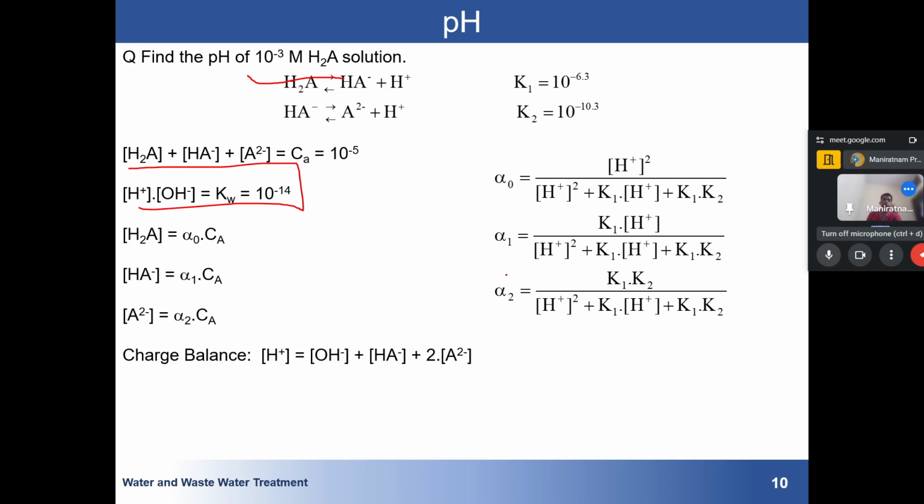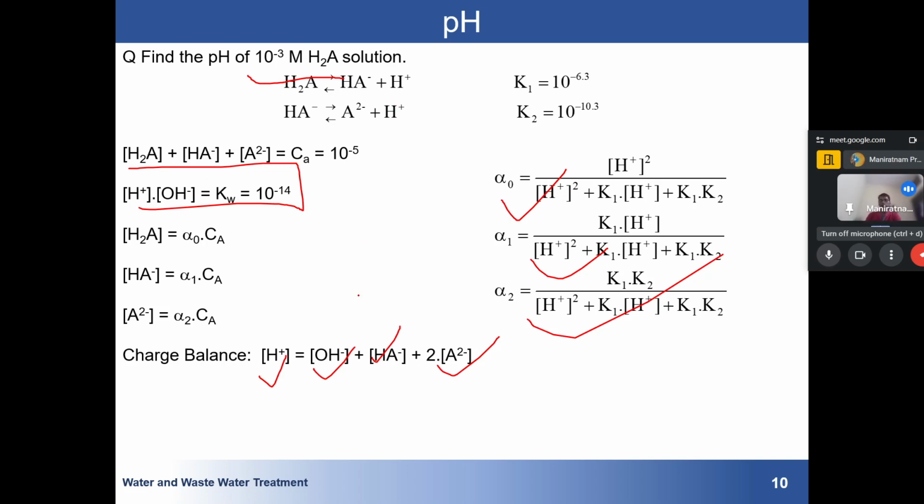So for this diprotic acid, alpha naught will be given by this equation, alpha 1 will be given by this equation, alpha 2 will be given by this equation. And for the charge balance, we know that H plus equals OH minus plus HA minus plus 2 A2 minus. And you can use this equation.